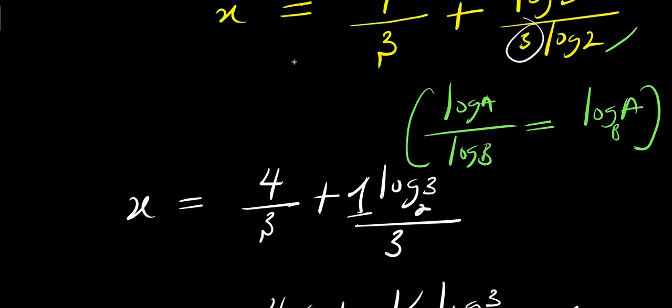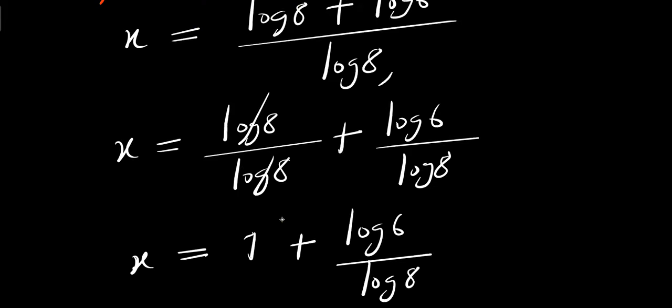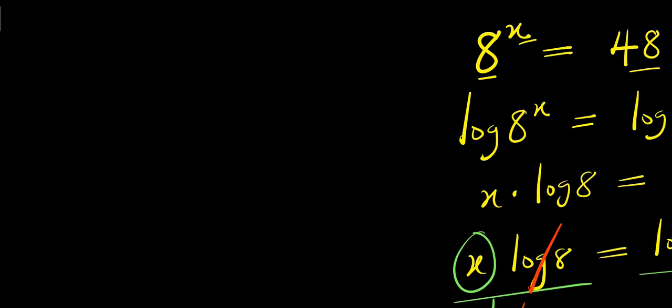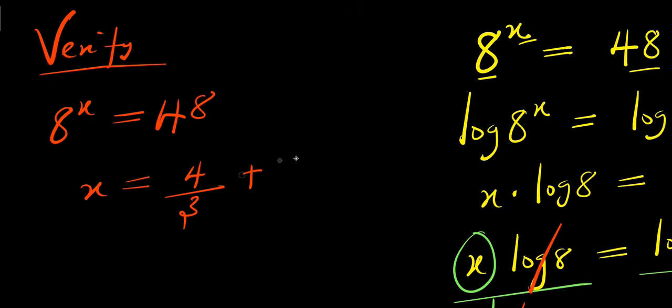Now let's verify if this particular solution will satisfy the equation. We have 8 power x equals 48, where x equals 4 divided by 3 plus 1 over 3 times log 3 to the base of 2.